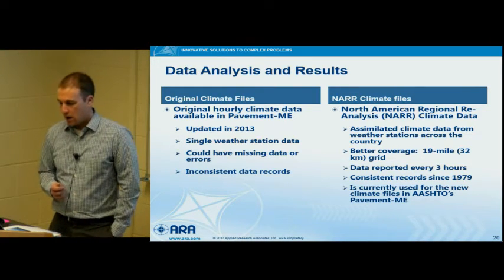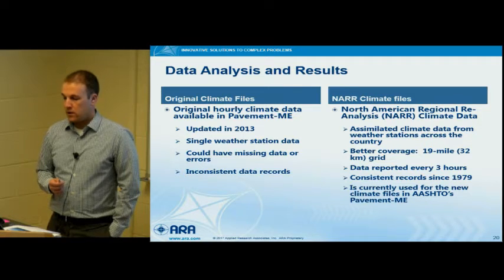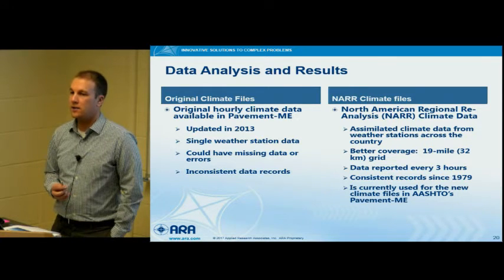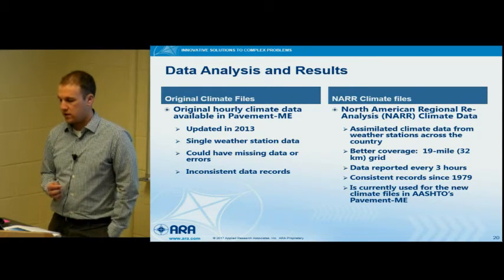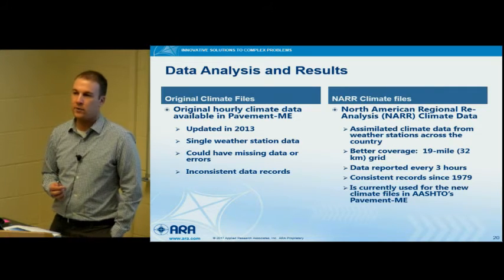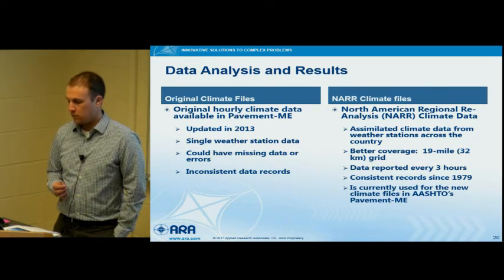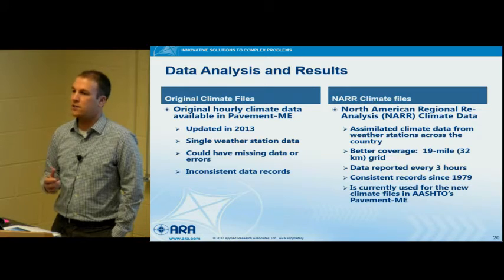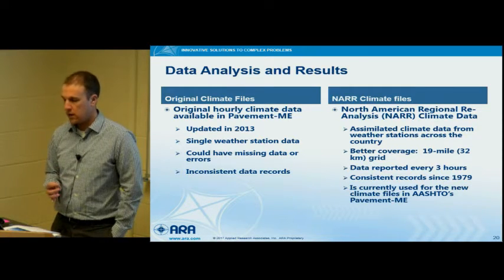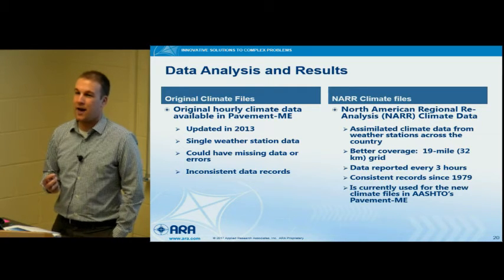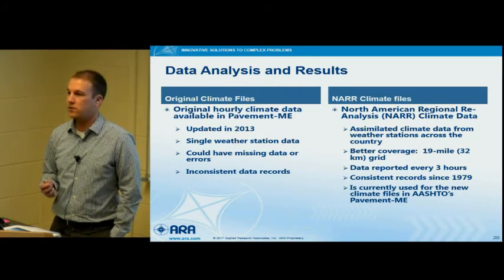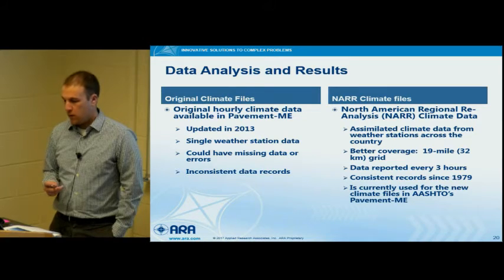So we moved to the North American Regional Reanalysis climate data set, which is assimilated climate data from weather stations. It takes into account many, many different data sources. But it is a model, so there's not an actual physical station that measures this data. It gives a pretty good coverage.